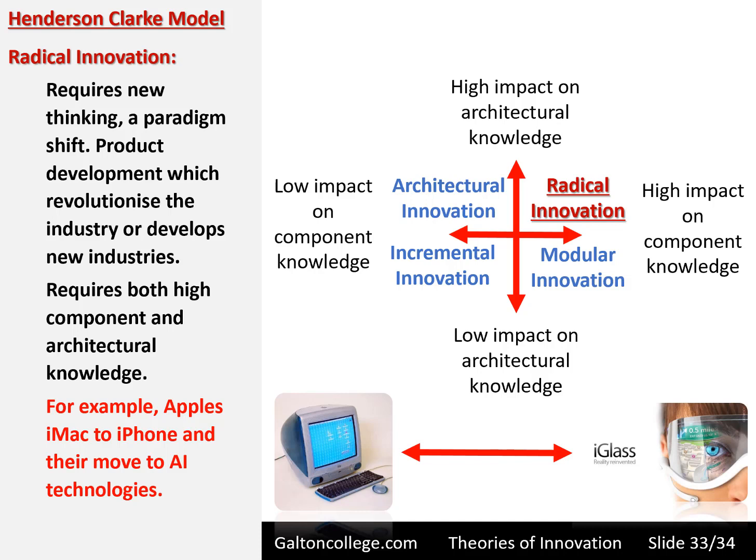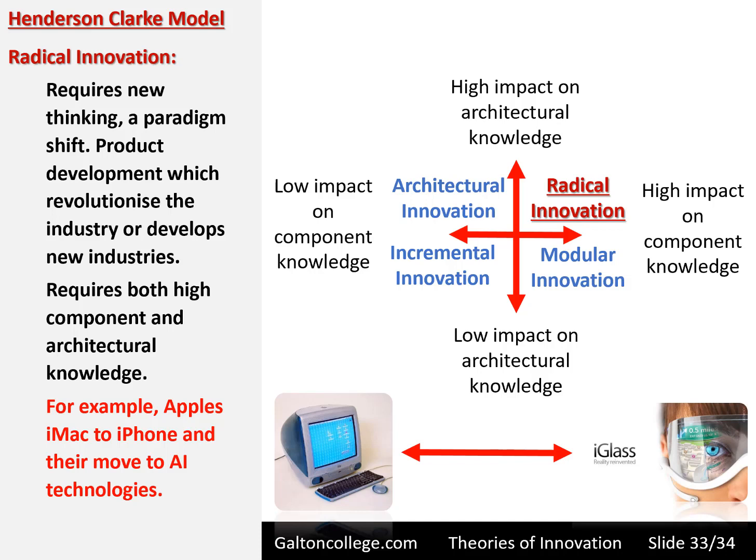So what we've got in the Henderson Clarke model are these four typologies: radical innovation, big change between the design of the product and the components. So architectural and components are different. Oddly enough, they may be doing the same job. They still may be surfing the net, as in the example we've got on the screen here.